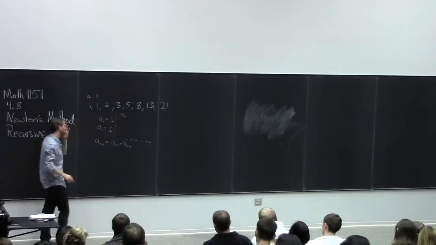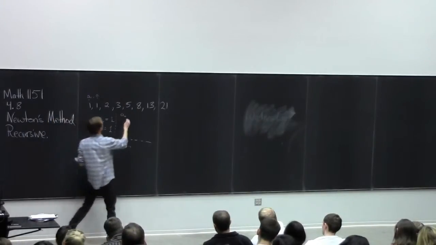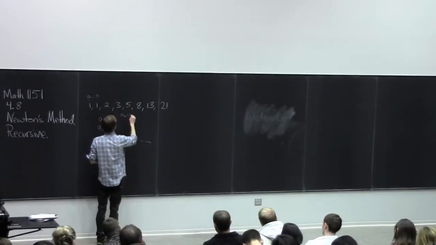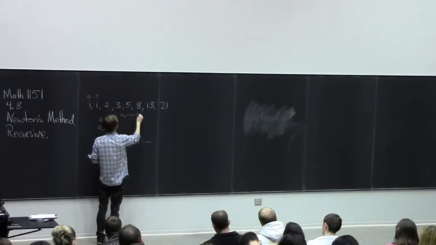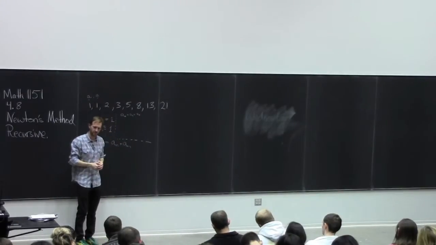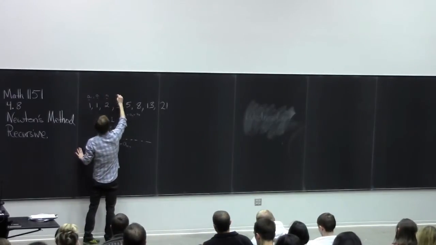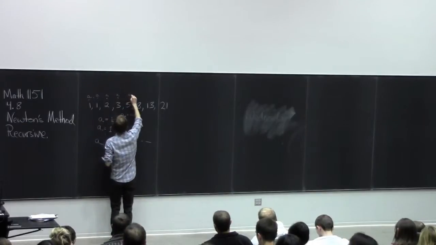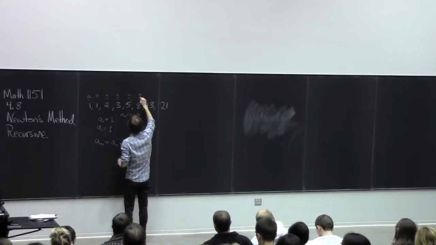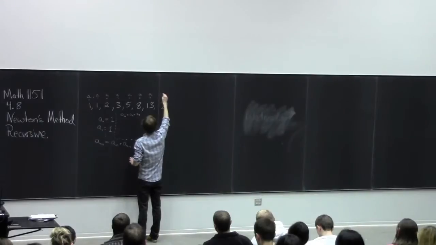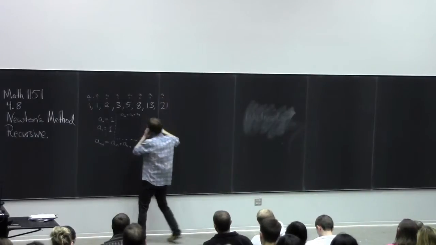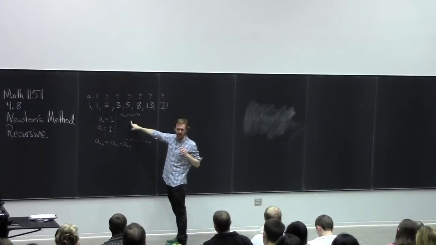So if I wanted to know A10 is equal to A9 plus A8, right? And so I could go through A2, A3, A4, A5, A6, oh geez, A7. Okay, and so I need A8 and A9, right?